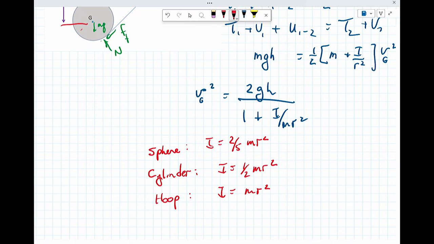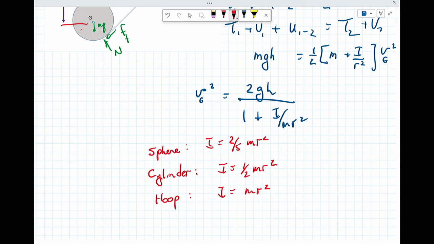Okay, so I have a sphere. Its moment of inertia is 2/5 mr squared. For a cylinder, it's 1/2 mr squared. And finally, I is equal to mr squared for a hoop. So this number is going to get larger and larger as I go from sphere to hoop.